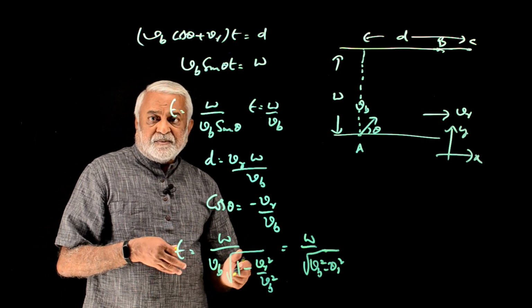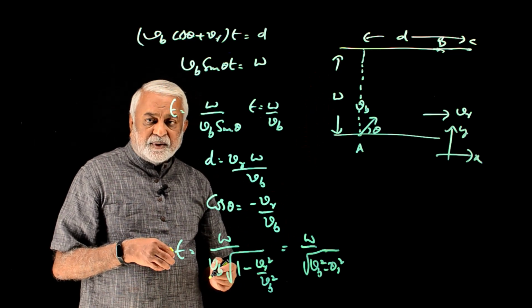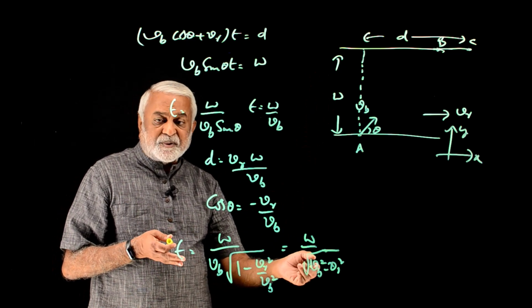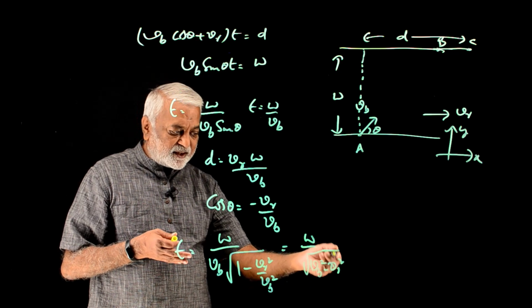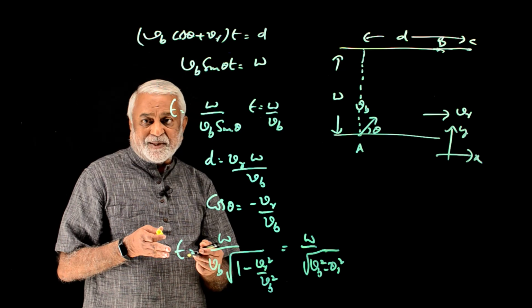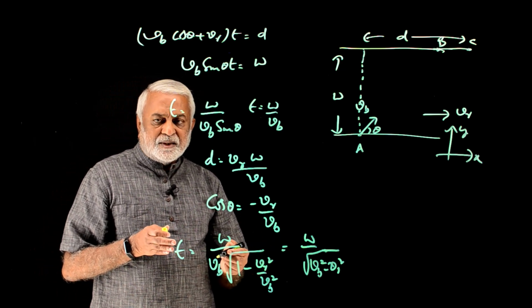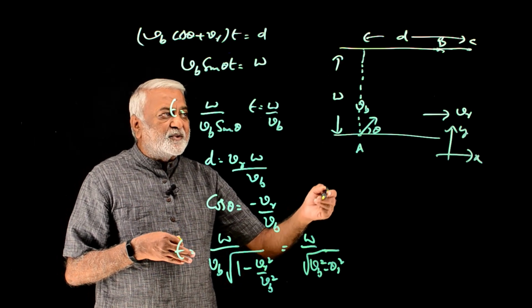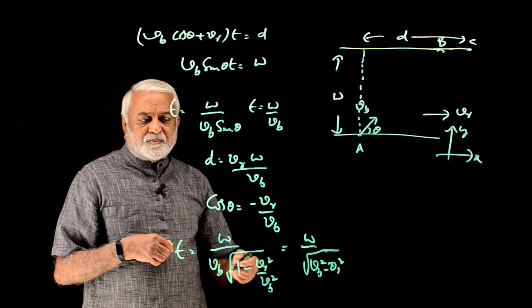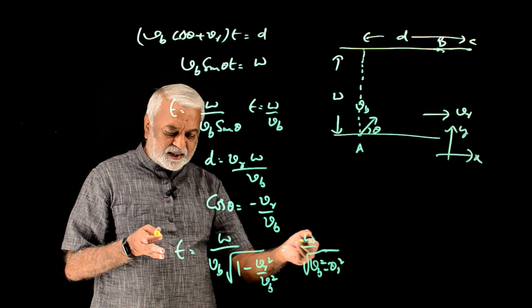For the boat to be able to cross along the shortest path, the value of Vb must be greater than Vr. If Vb is less than Vr, this will be the square root of a negative number, and that will be imaginary time, so that's not possible. So Vb must be greater than Vr for it to travel across the shortest path. So the path length would be W in this case, and you got the time here.